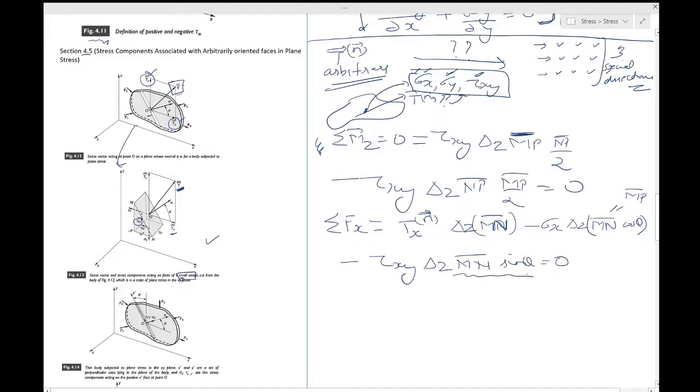This mn sine theta is actually equal to np. Okay, so the angles you have to take out.